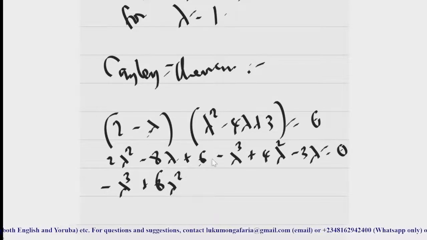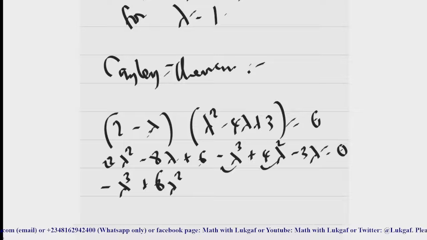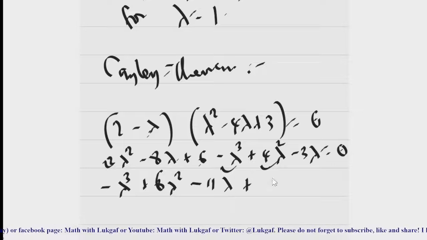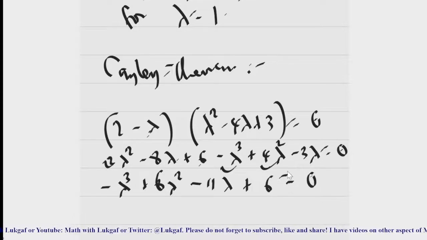I hope you understand now. So what else? If this is 6 lambda squared, what else do I have? Because we have to be careful here so that we don't make a mistake. We've taken this guy, this guy, this guy. Okay. Then I have minus 11 lambda plus 6 is equal to 0.